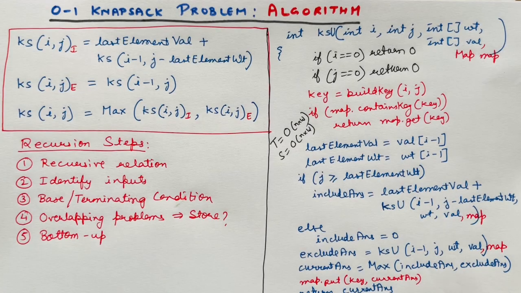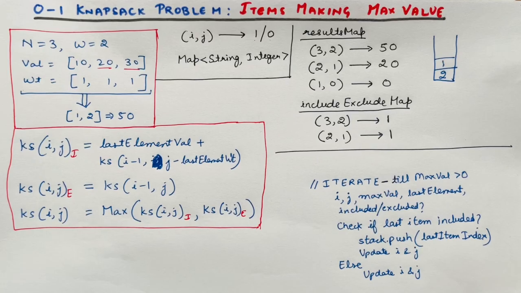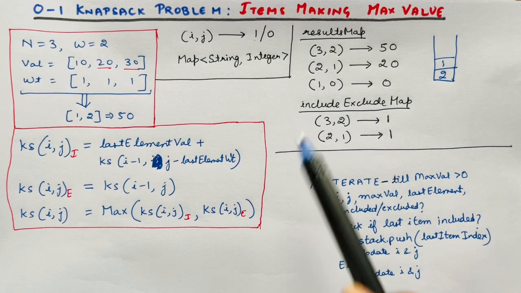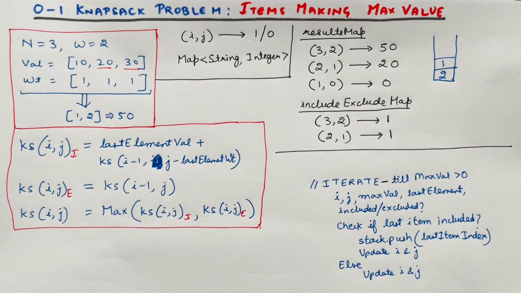Filling up of that map is easy, as here we can just check what is maximum, the include answer or the exclude answer. If the include answer is maximum, we will put the value in the map as 1. And if the exclude answer was maximum, then we would put the value in the map as 0. So this is how we can solve this problem of returning the items.